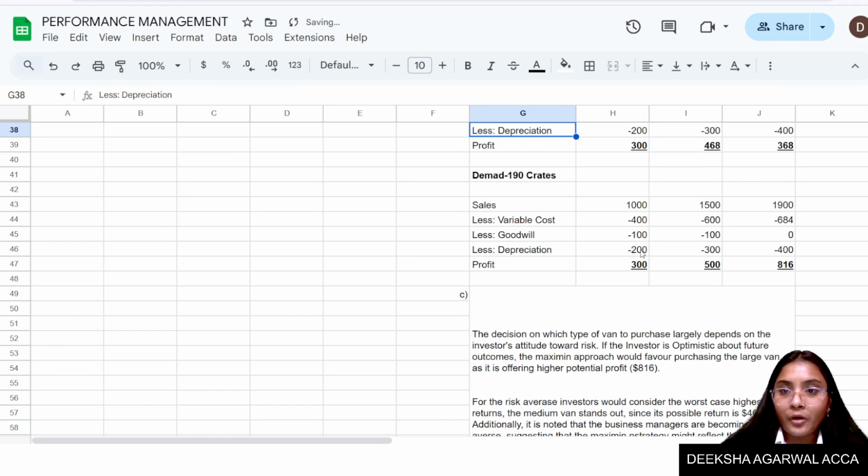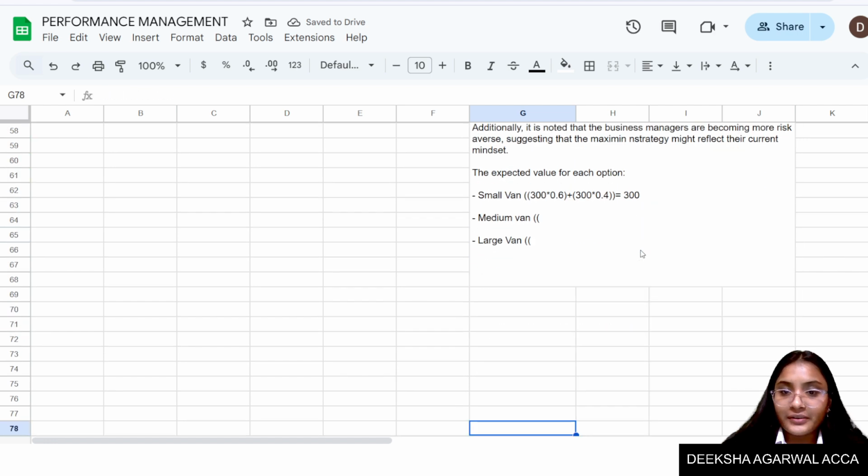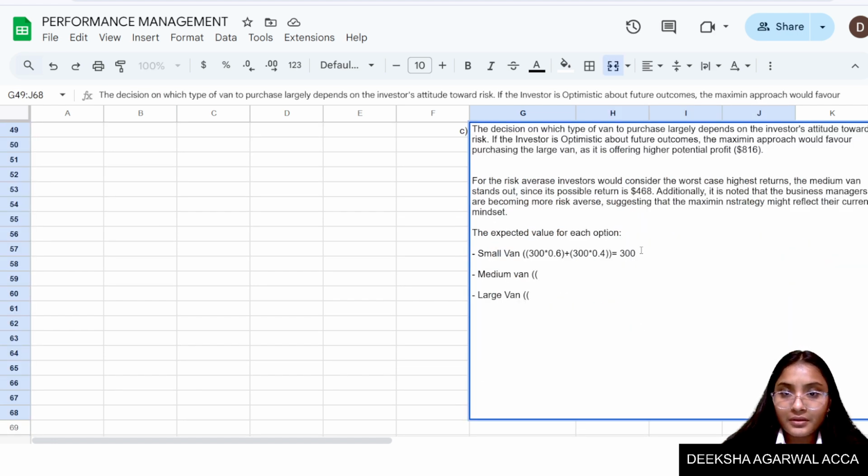Now let's look at our profit figures. 468, 500. Wait a second, it will be 0.4 for the lowest and for the highest it is 0.6. Below it's 368 into 0.4 plus your 816 into 0.6.